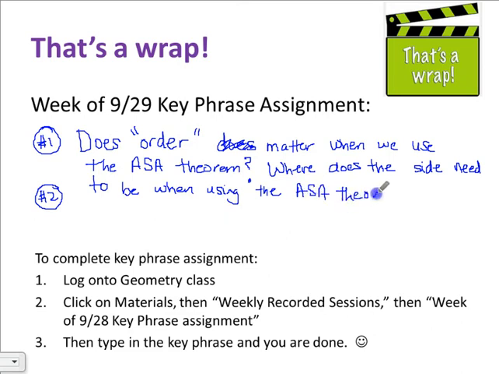So I kind of worded that silly the first time, but really what I'm trying to get at here, and I'm only going to ask that one question, is where does that side need to be? So when we're using the angle side angle theorem, where does that side length need to be? And what I'm getting at here is does order matter?